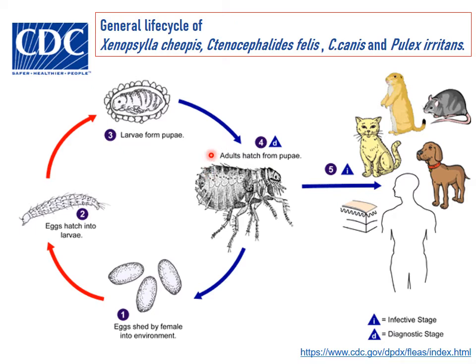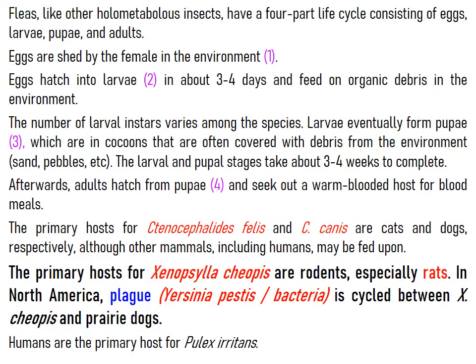The adult flea will then look for a suitable host to have its blood meal. Please read through the life cycle of the fleas, and this is taken from the CDC website.